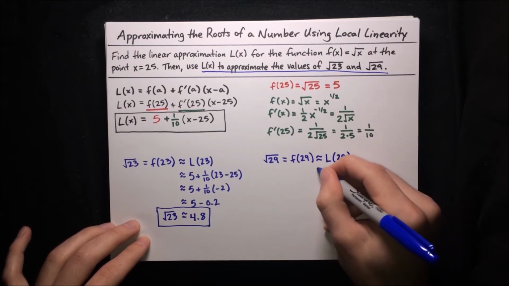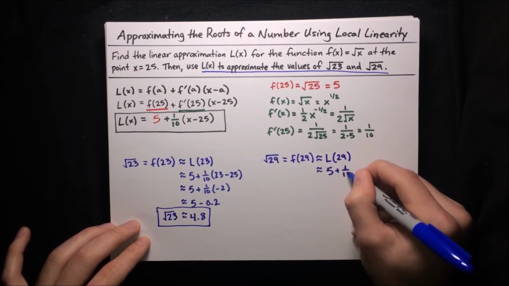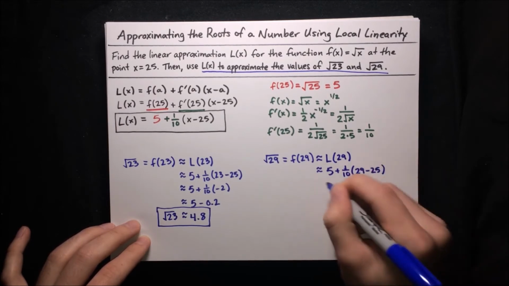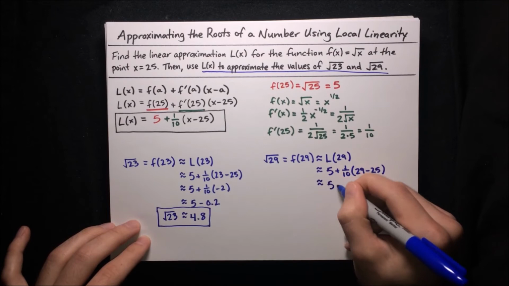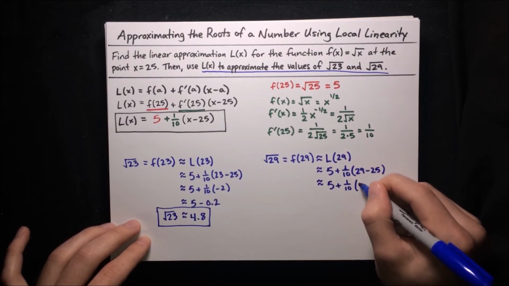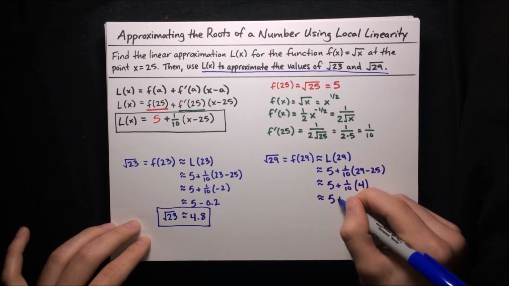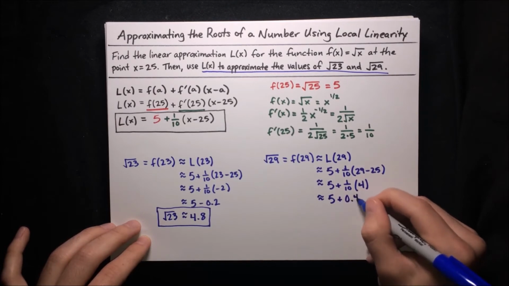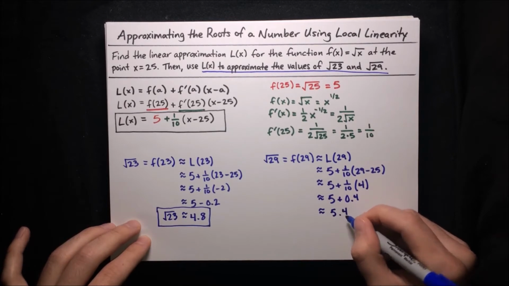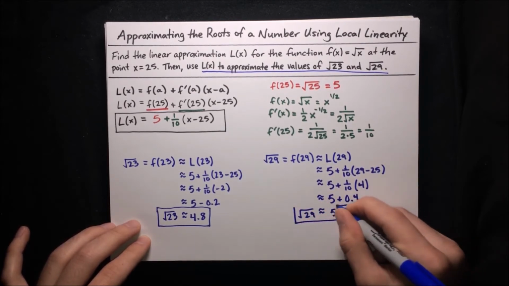So we just go ahead and plug in 29 into L, and we get 5 plus 1/10 times 29 minus 25, which is 5 plus 1/10 of 29 minus 25, which is 4. So 5 plus 4/10, which is 0.4. 5 plus 0.4 is just equal to 5.4. So there we go. Root 29 is approximately equal to 5.4.